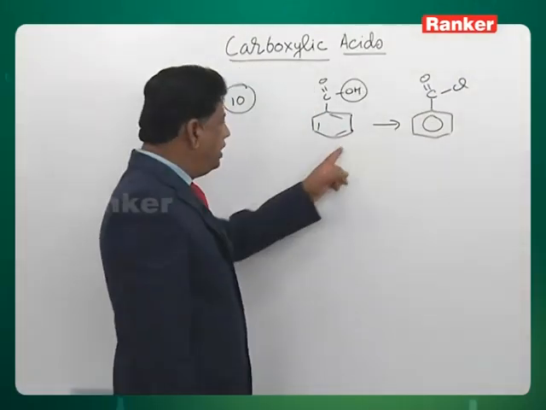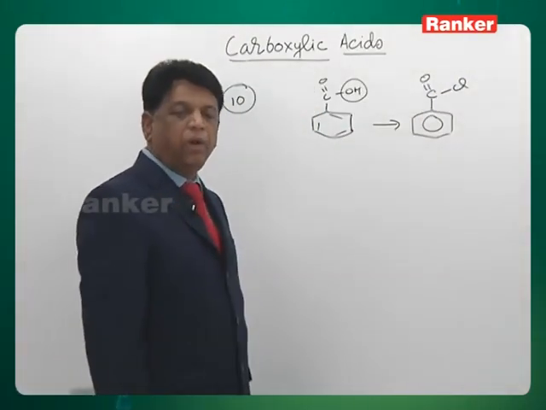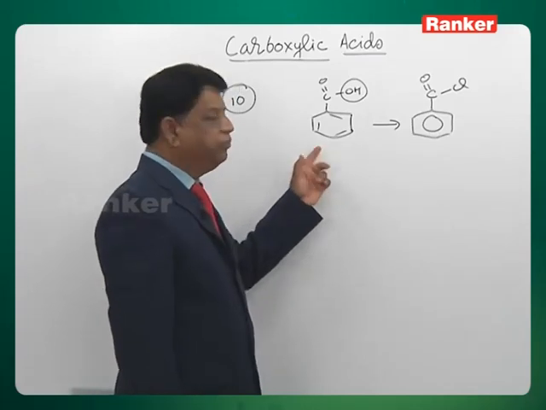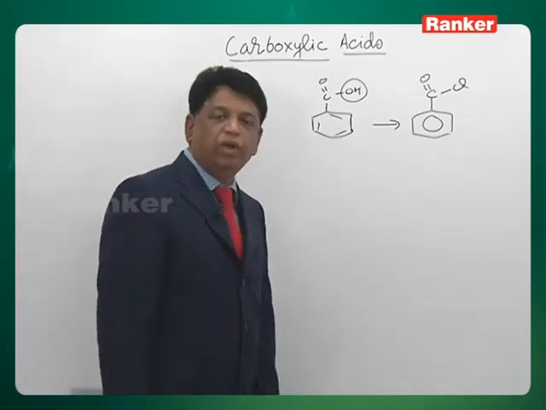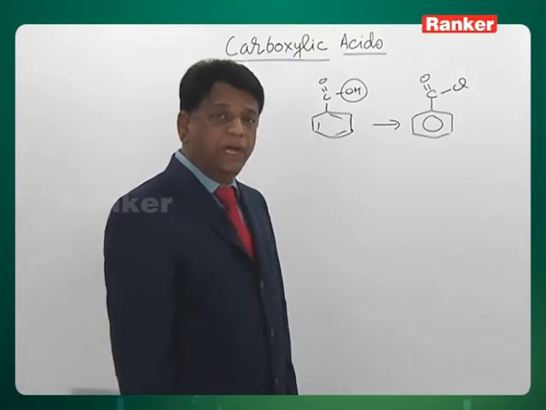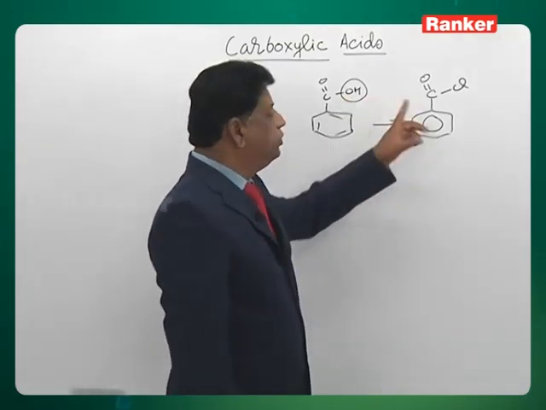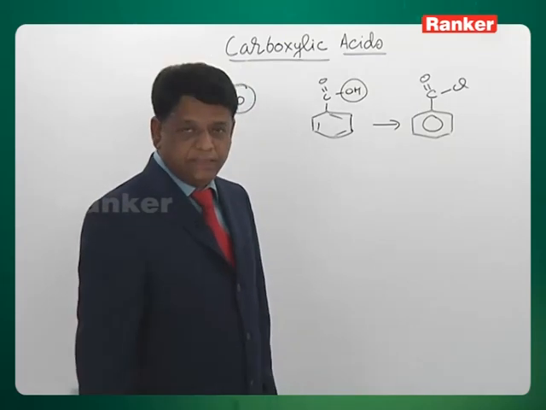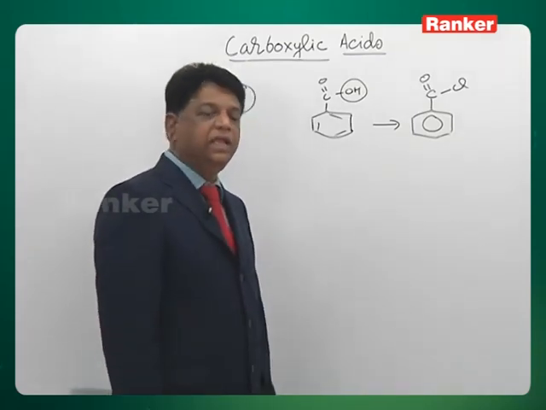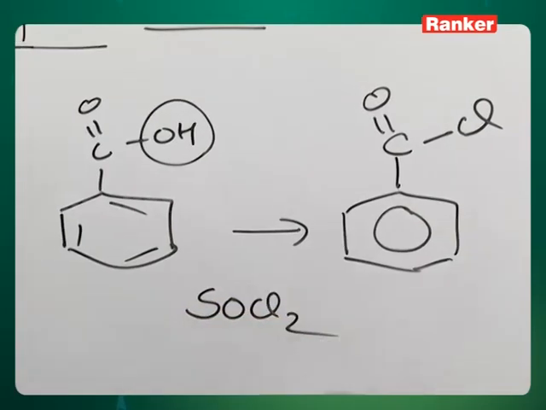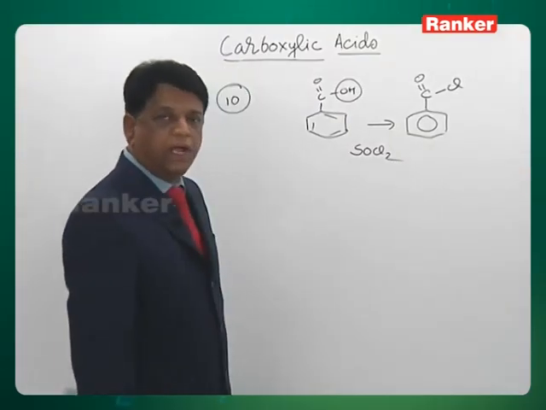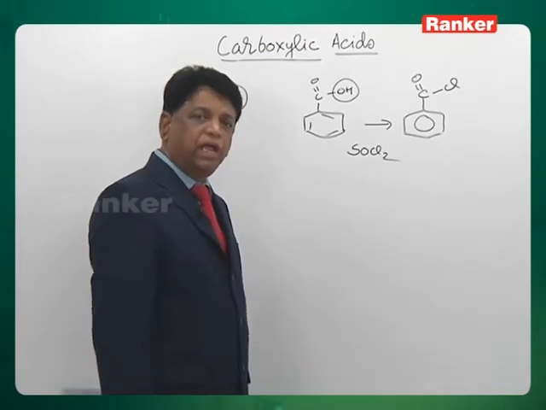If you want to chlorinate the benzene ring, you need chlorine and ferric chloride. If you want to chlorinate a methyl group outside the benzene, you need chlorine and UV light. For a hydroxy group, that is alcohols and acids, you need thionyl chloride, that is SOCl2.